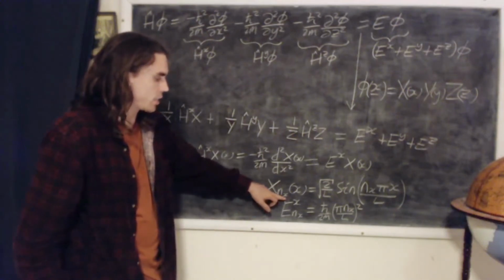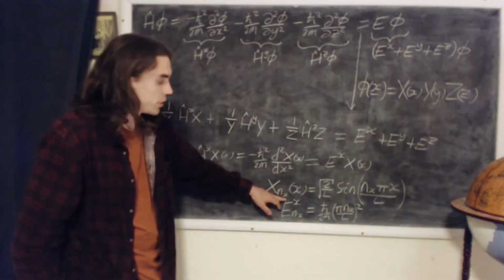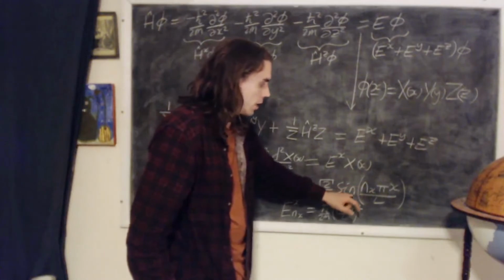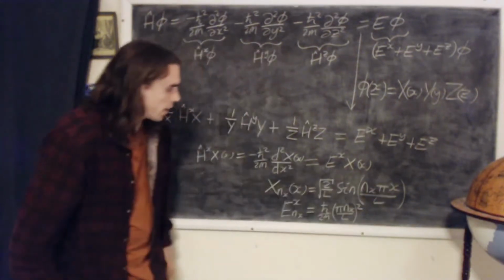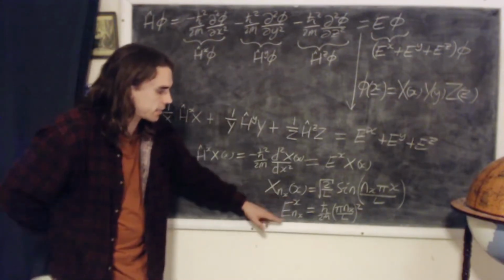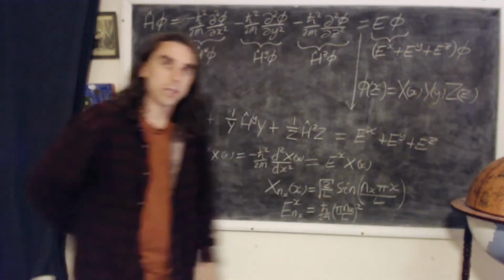Again, x is just a label here. So nx is one of our three integers, and it's equal to this properly normalized wave function, here sine of nx pi x over L, and the corresponding eigenenergy is Ex, given the same label, n subscript x, and it takes the form of the 1D result.